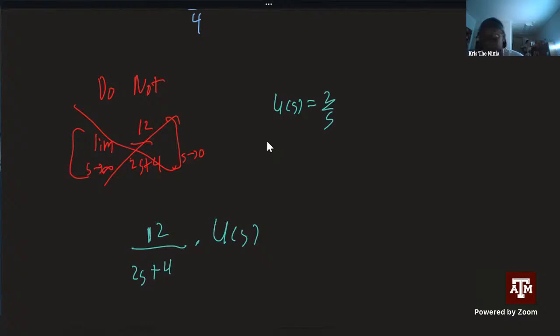If it was a step function going to 3 or 1 or whatever, it would be different. So to convert this properly, we need to do the limit as s goes to 0 of s times y of s. So this is y of s.